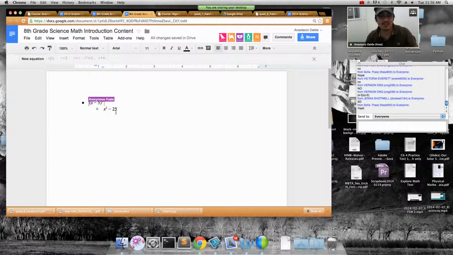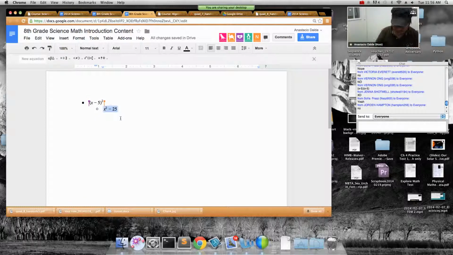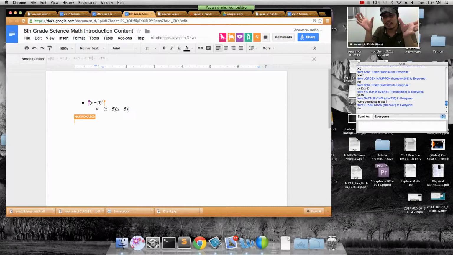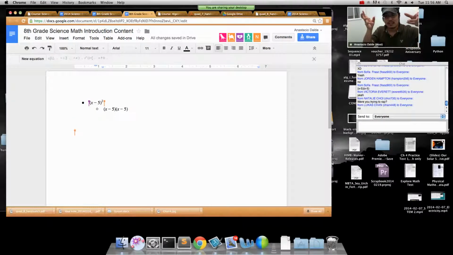X minus 5 squared is really x minus 5 times x minus 5. Are we cool with that? You guys get it? It's x minus 5 times x minus 5, right? And then for that, you guys remember how to do that? You know how to multiply two, what they're called, binomials, because they got two terms each?